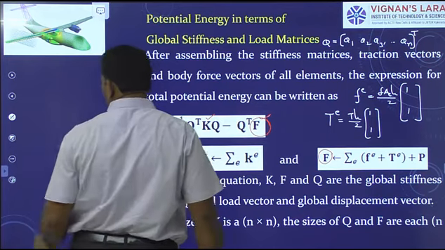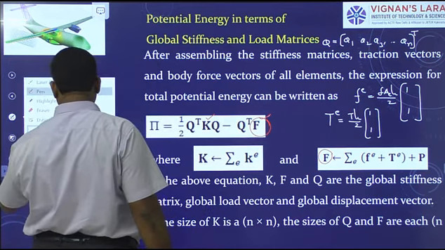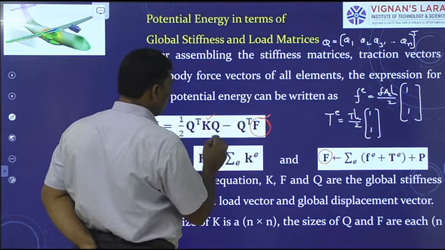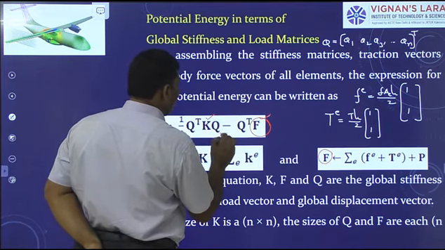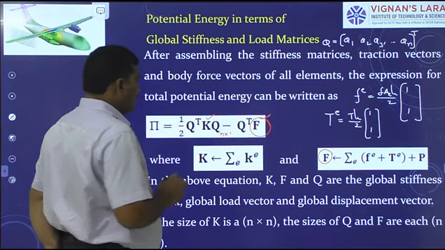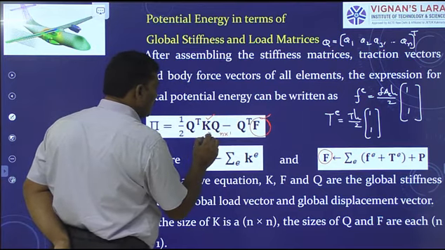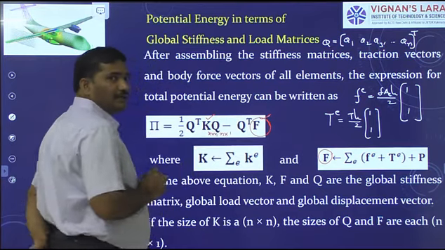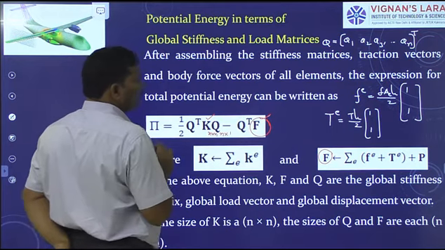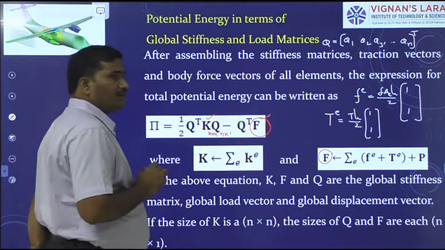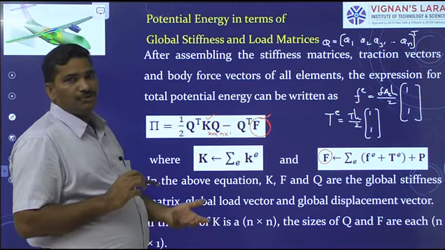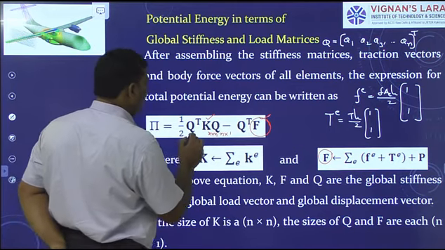The size of Q is n by 1. Size of K is n by n. And size of Q transpose is 1 by n.